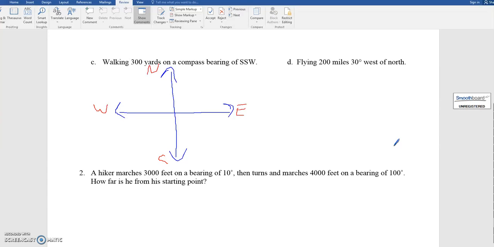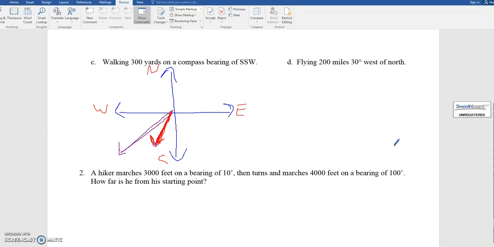This one is talking about south-southwest. So we also need to think about where is southwest? Southwest is off this way. That means south-southwest would be right in between there. That arrow right there is south-southwest. That's the actual direction that I'm going.